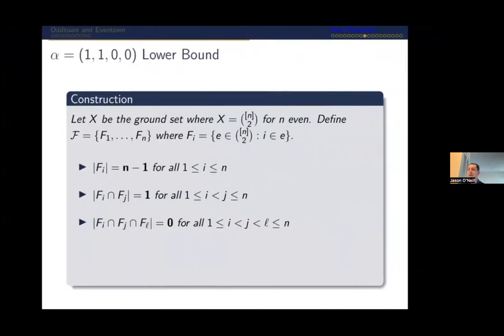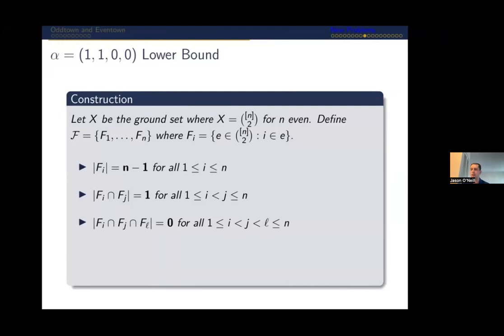Now the three-wise intersection, what does this say? It says all edges in the complete graph that contain the vertices i, j, and l. Well, I can't have such an edge, so that intersection is going to be 0. And similarly, the four-wise intersections are going to be empty.